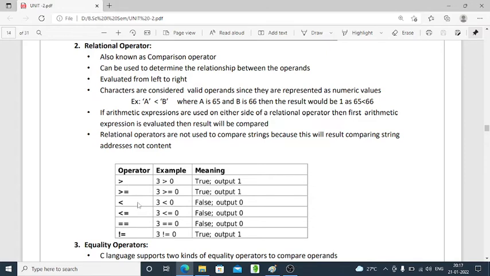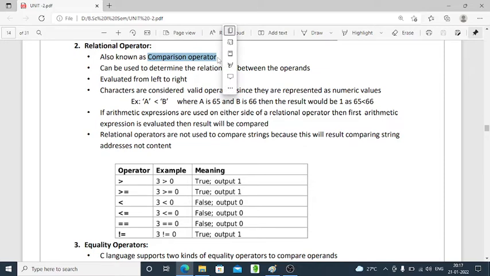These operators are always evaluated from left to right. This relational operator is also known as the comparison operator.